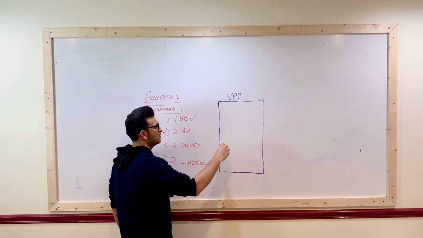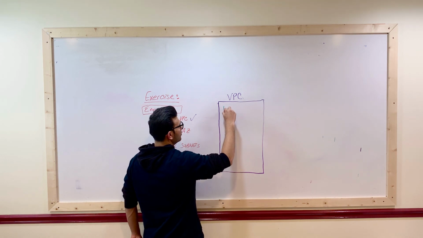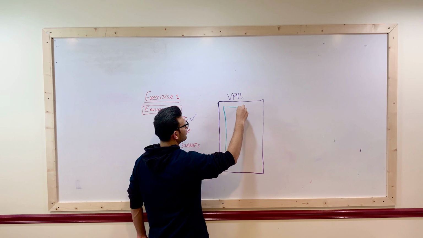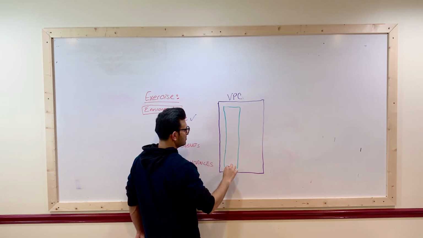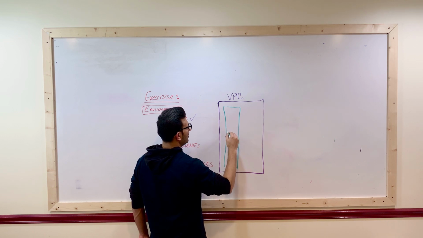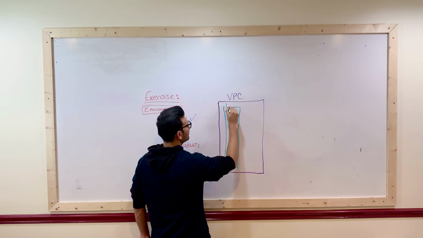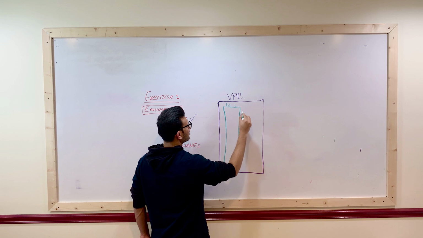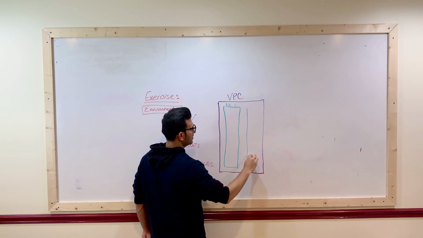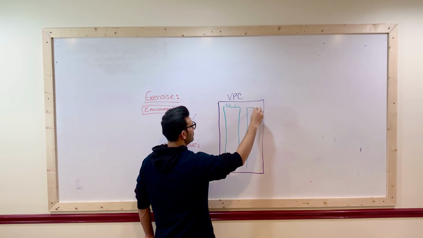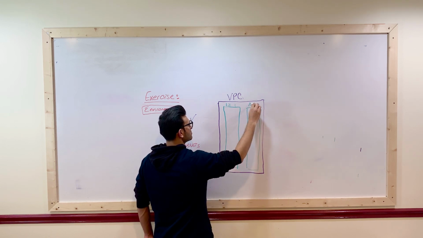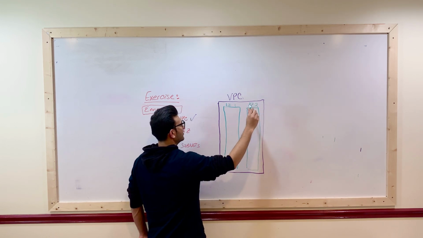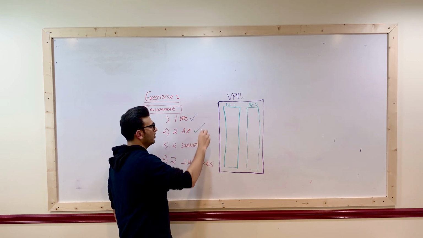So we're going to draw two availability zones. This is availability zone 1. And this is availability zone 2. All right, so got this part.